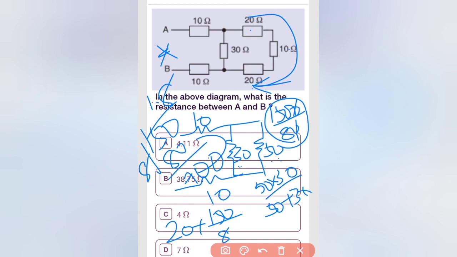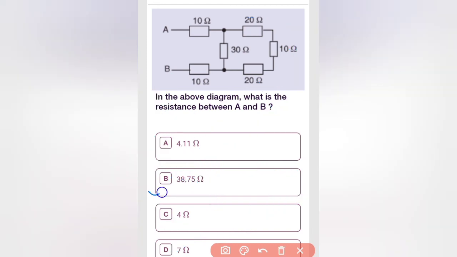It has to be 18.75. Yes, it is actually 18.75. So therefore it is 18.75. 18.75 plus 20 is 38.75. Option B is the correct answer.